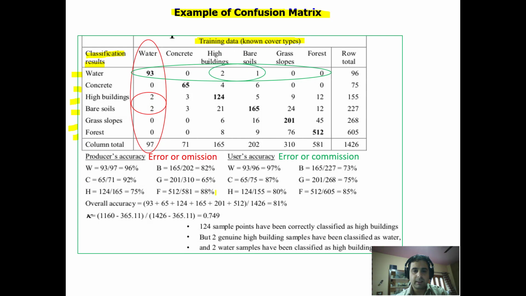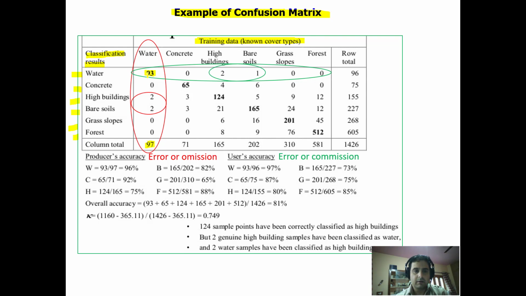Now we take one of the examples, like here water, where 93 is given, and the column total is 97.